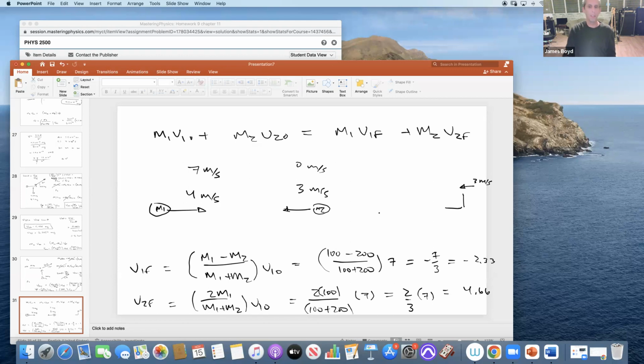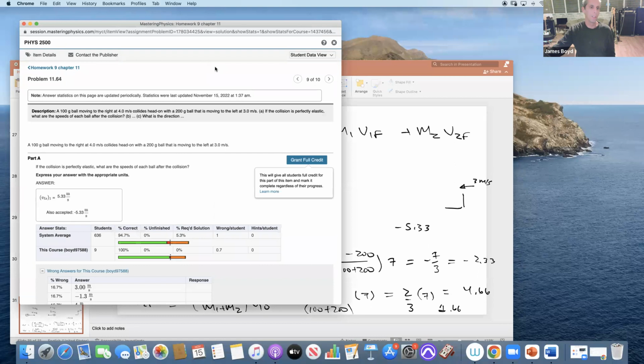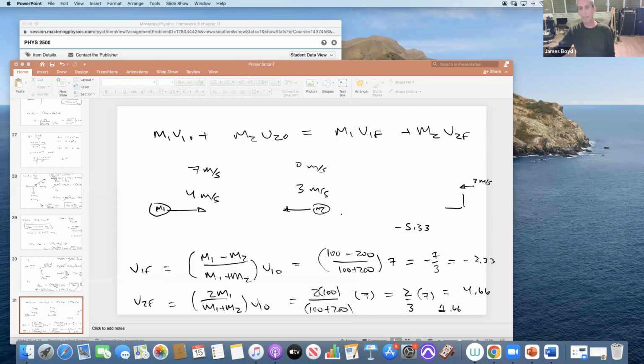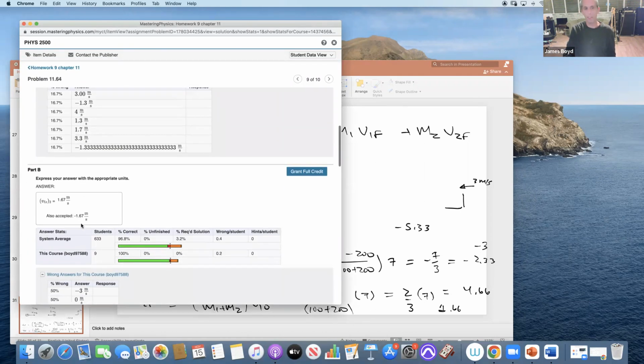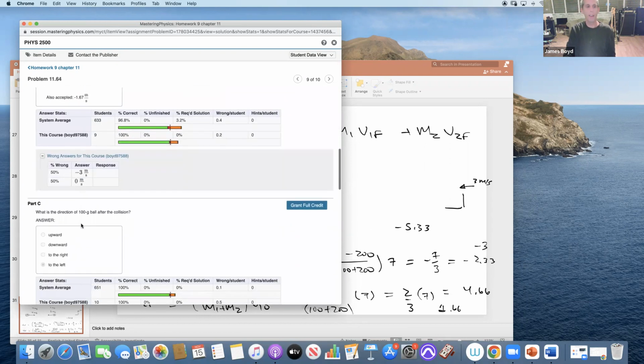I believe, so now we need to subtract, so this would be negative 5.33 and 1.66. All right. V1 is negative 5.33, because I had to subtract 3 from it to put it back in there. And this one is going to be 1.67. You have to put it back.